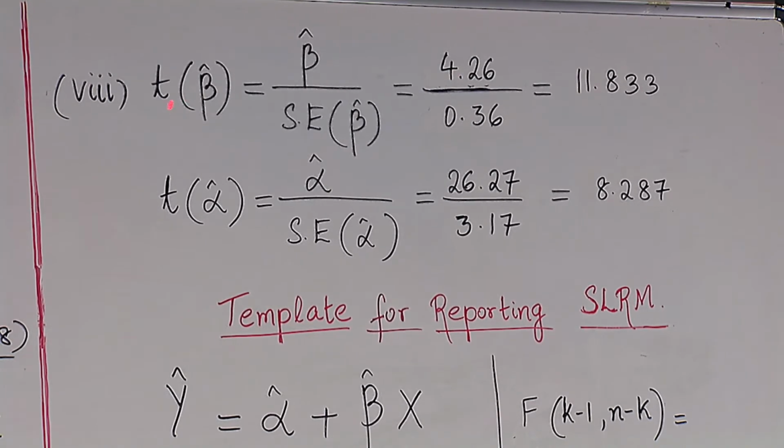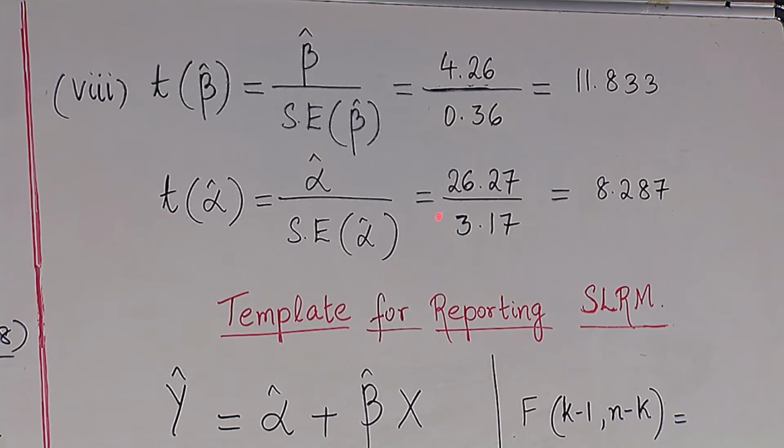So, t statistics value for beta hat is 11.833. Similarly, t statistics for alpha hat is computed as alpha hat by standard error of alpha hat. The value of alpha hat is 26.27 and the standard error of alpha hat as computed earlier is 3.17. On substitution and on division, we get the answer 8.287.